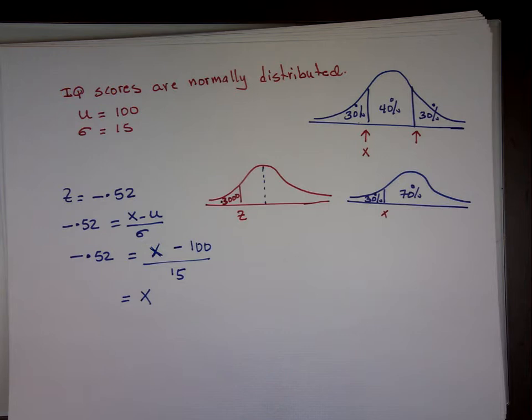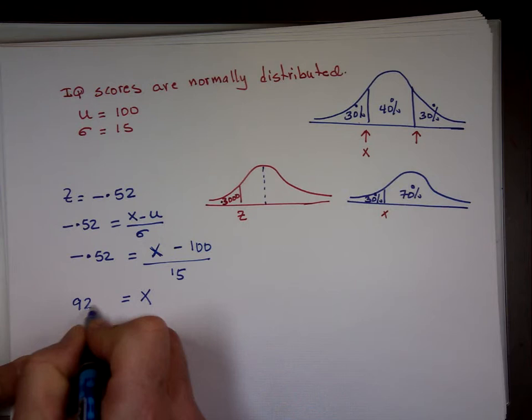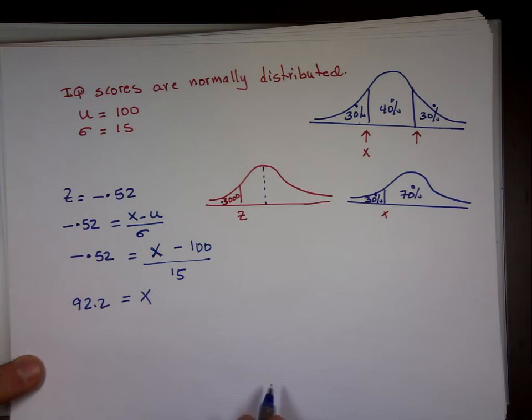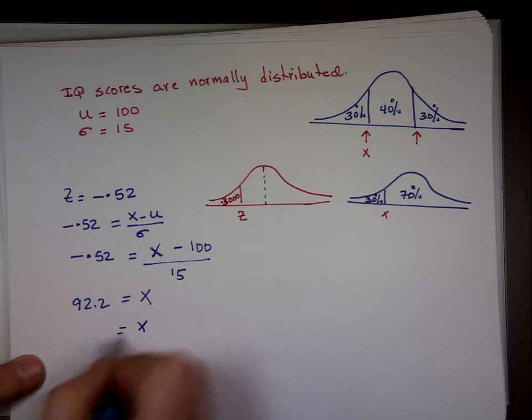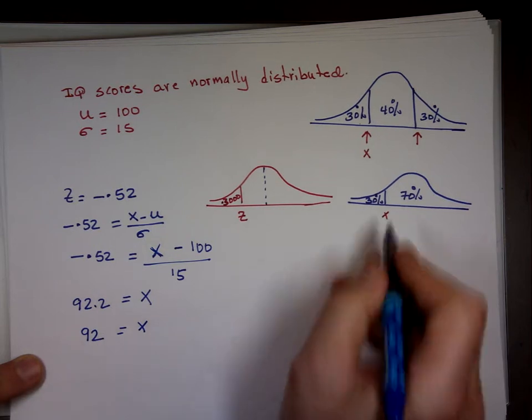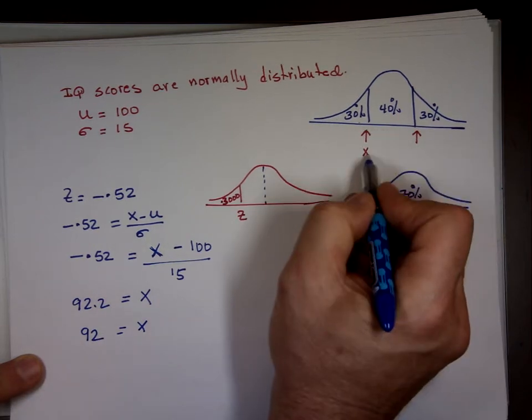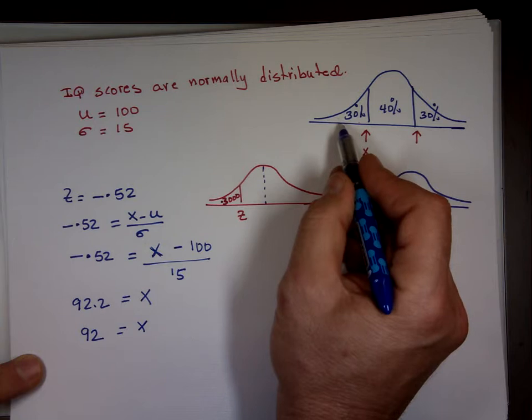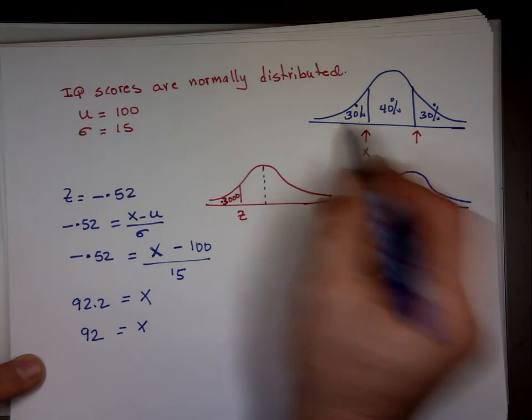And if you do the math, you have 92.2. So a 92, actually, we'll use a whole number. A 92, that'll be this value. If you score below 92, you're in the bottom 30%. Let's see what the other number is. We'll call it y.